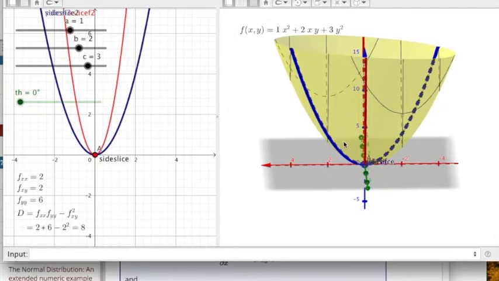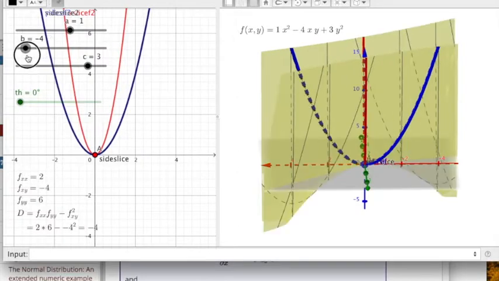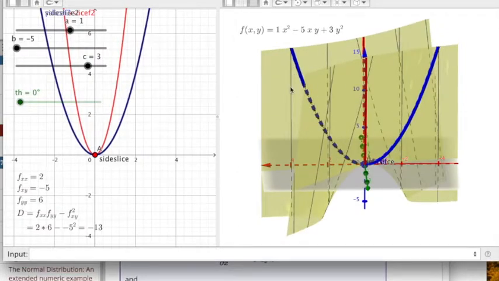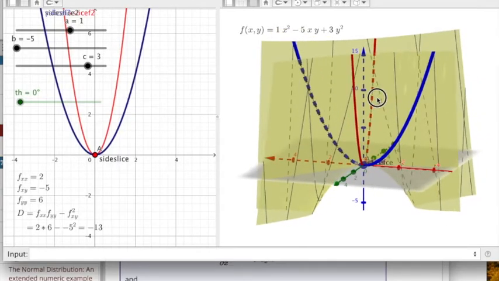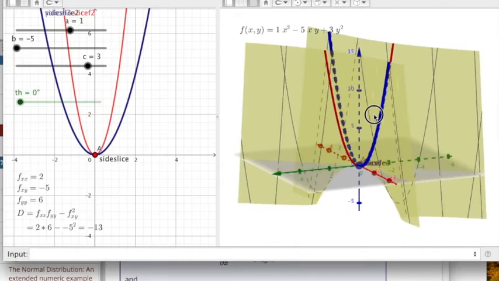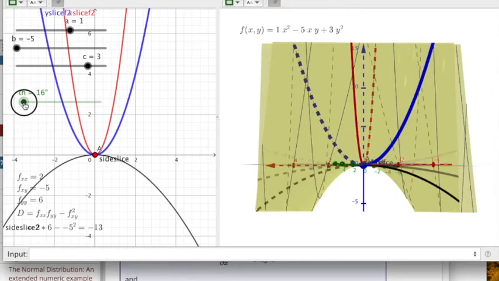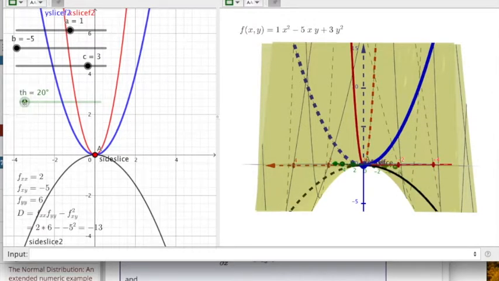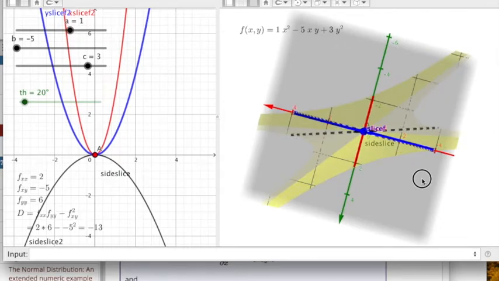What concerns us, however, is if I change b to an appropriate negative number, we can see that in the x direction it's a minimum and in the y direction it's a minimum, but I can rotate through to a different angle and find it's a maximum if I look at it from on top going across that way.